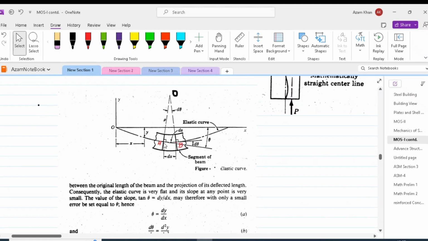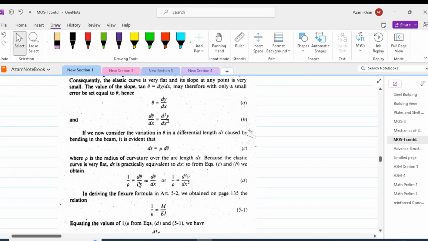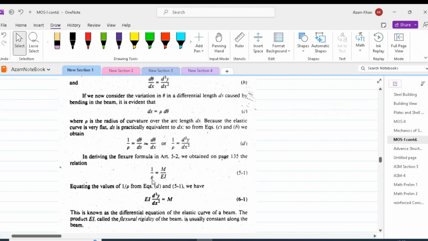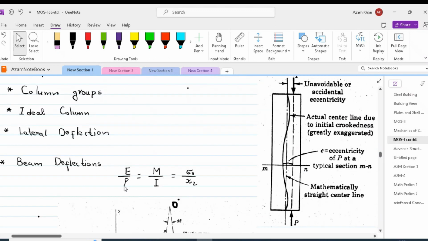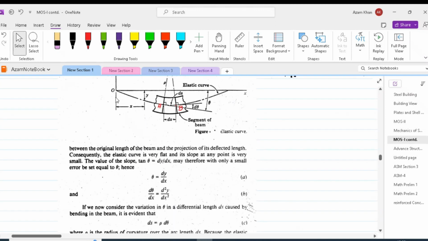As we said that A, B, and O can be considered as a sector of a circle, we can write ds equal to rho d theta, or 1 by rho is equal to d theta by ds, which is approximately equal to d theta by dx, or 1 by rho is equal to d2y by dx square, from equation B. Since 1 by rho is also equal to M over EI based on our Euler-Bernoulli beam theory, we can write EI d2y by dx square is equal to M. We can integrate this equation twice to get the equation of the elastic curve.